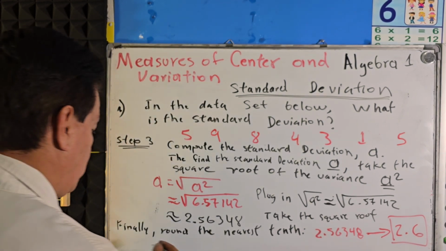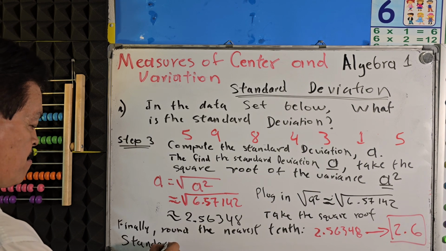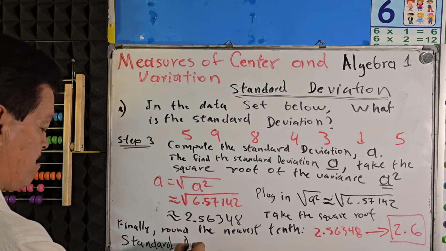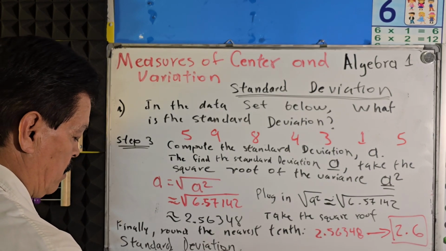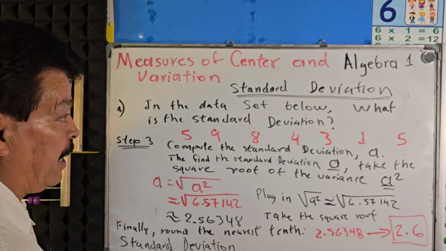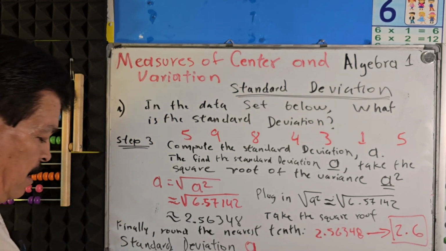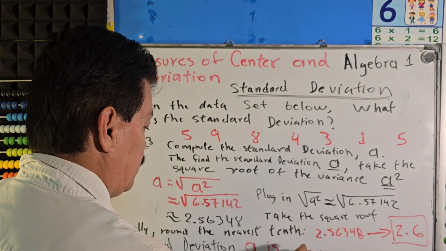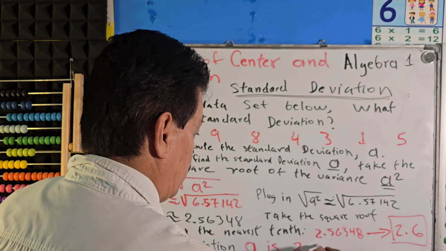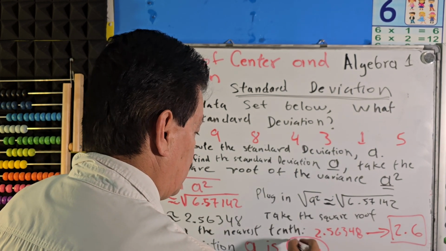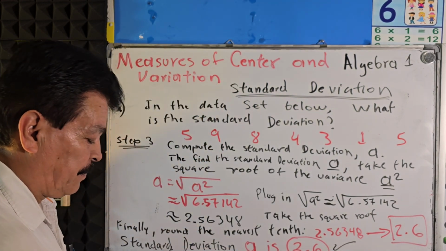So the standard deviation a is 2.6. That's the solution to our problem, right?